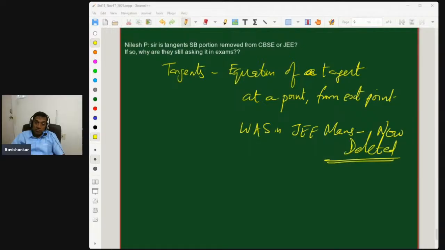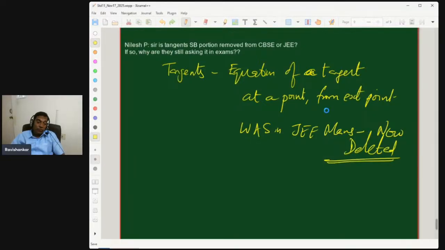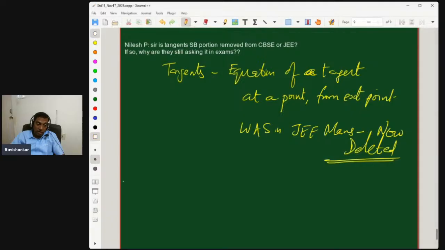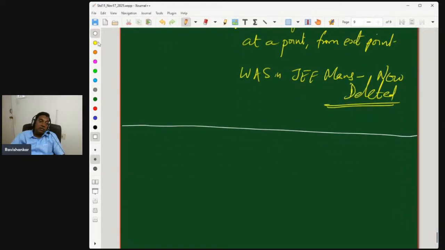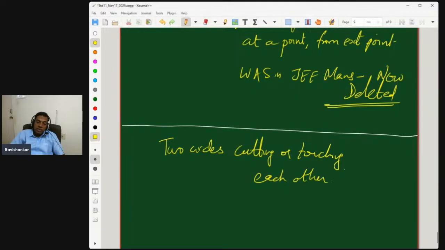But one thing is that even for JEE Main, NTA has not been very reliable. There are some portions which are not part of the syllabus, but it's been asked. For example, two circles cutting or touching each other. It's technically not in the portions, but has been asked since 2023, 24, 25.